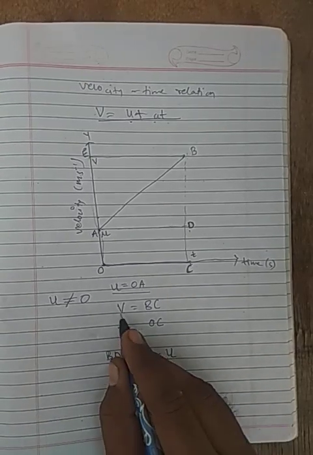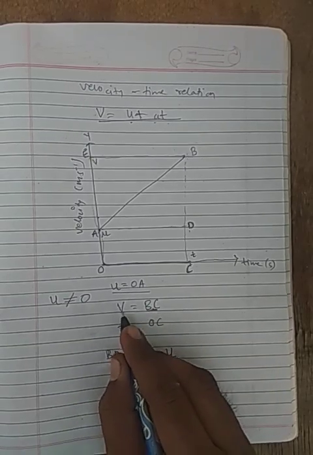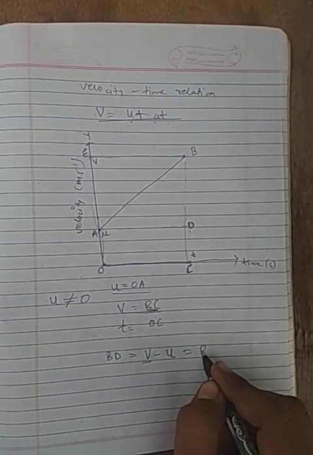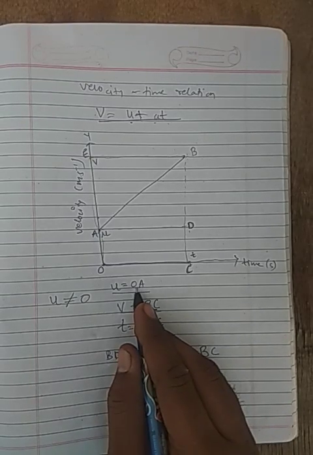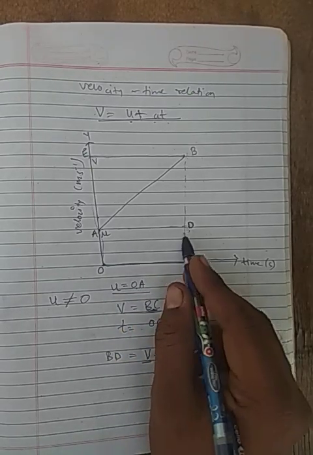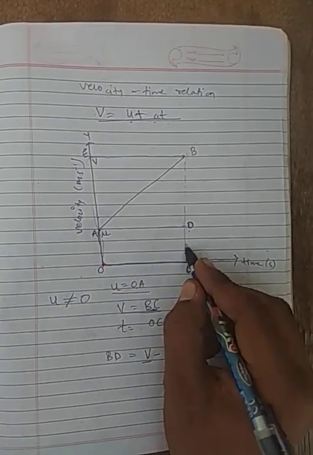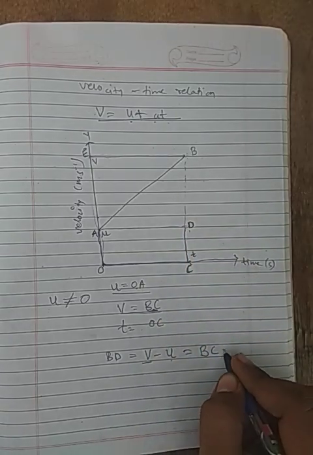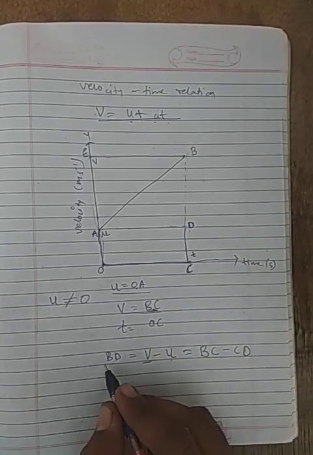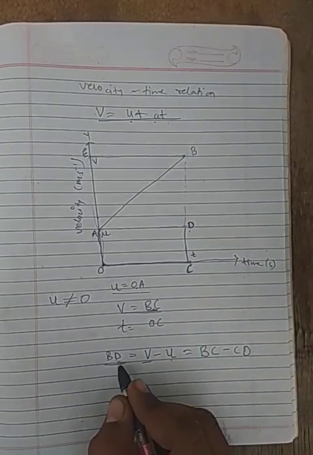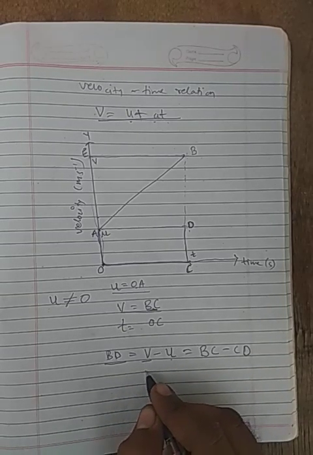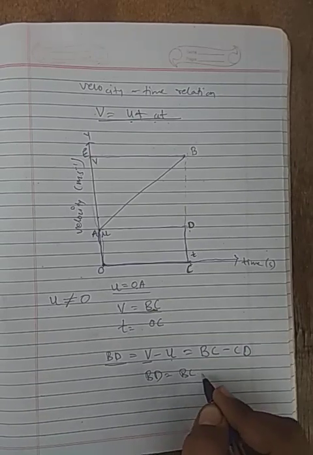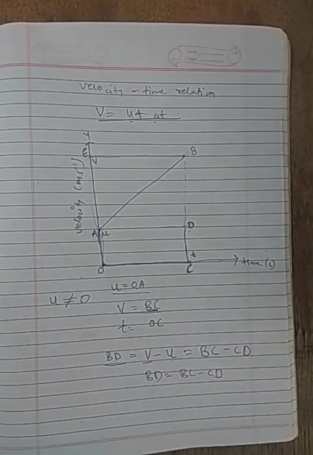Final velocity V is BC, and U is equal to OA, or you can also say CD, since OA and CD are the same. So change in velocity BD is equal to V minus U, is equal to BC minus CD, so BD is equal to BC minus CD.